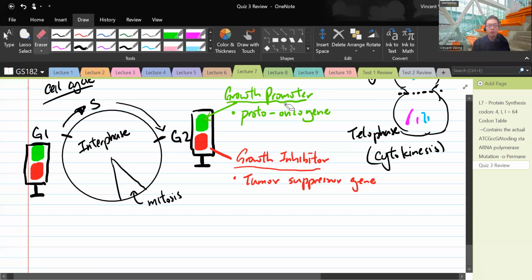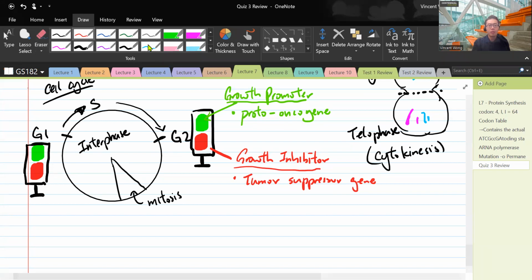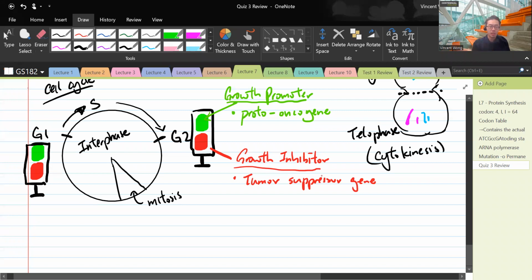So if the proto-oncogene becomes an oncogene and the tumor suppressor gene loses its function, a loss of function mutation, then the cell cycle is going to go out of control. It will always be on, so it will keep on going through mitosis, and there would be nothing to stop it.